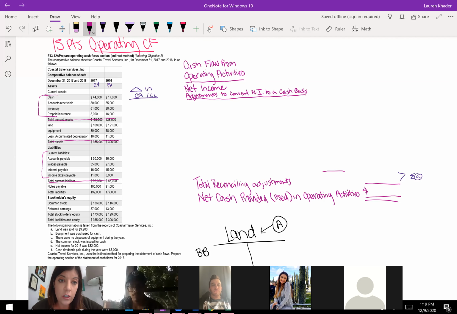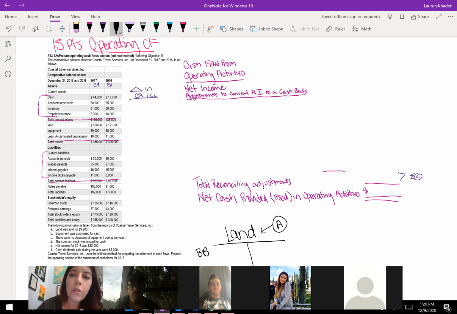First things first, write out the statement of cash flow. So cash flow from operating activities. And the very first line item that we're going to include is net income, which comes from the income statement. So this is from part E. Net income for the year was $32,000.